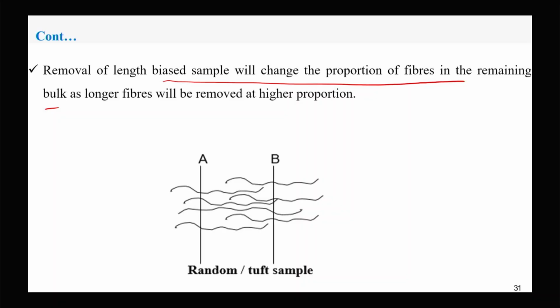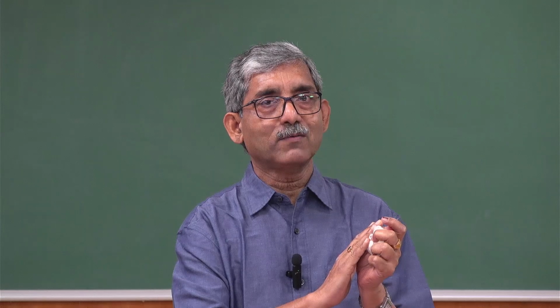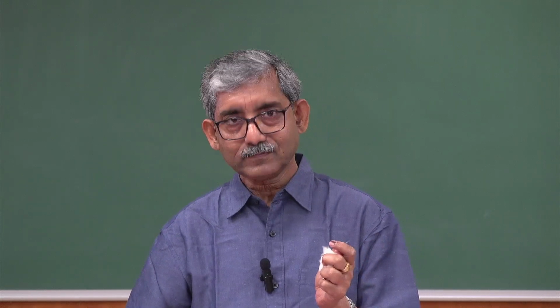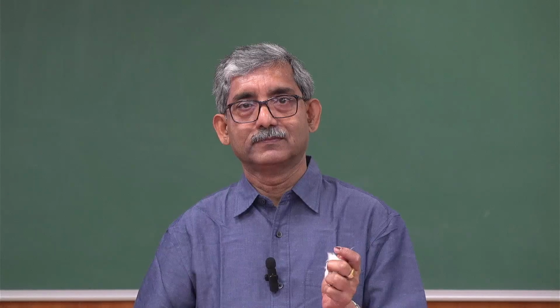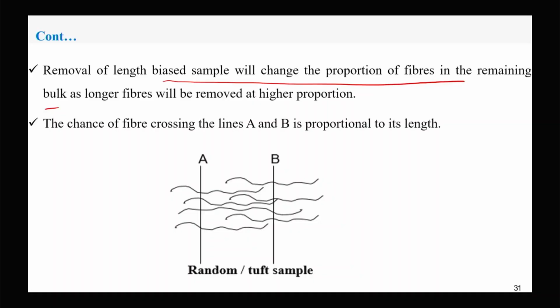Now, here when we select fiber from the bulk, the longer fibers are selected preferentially because the surface presence of the longer fibers is more. So, the chances of crossing the lines A and B is proportional to their length.